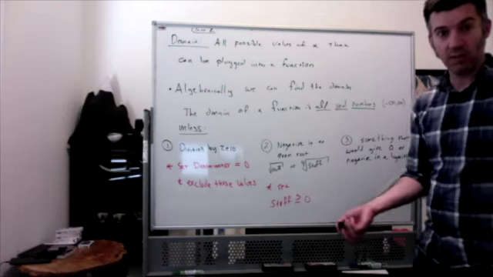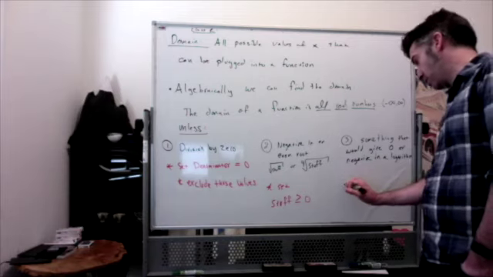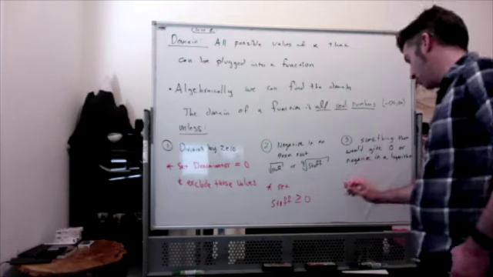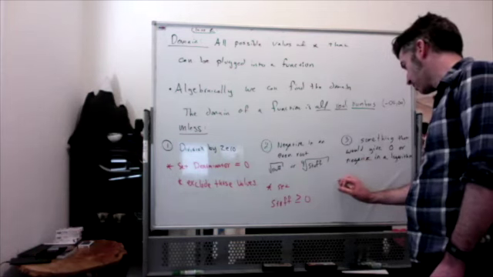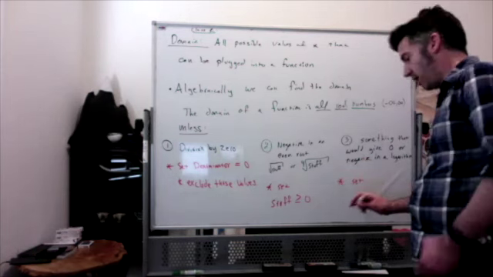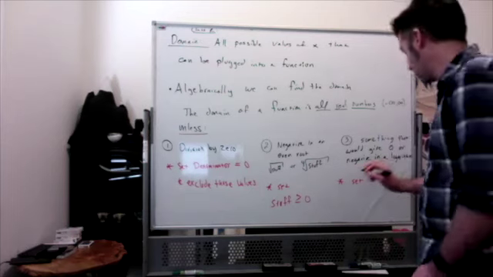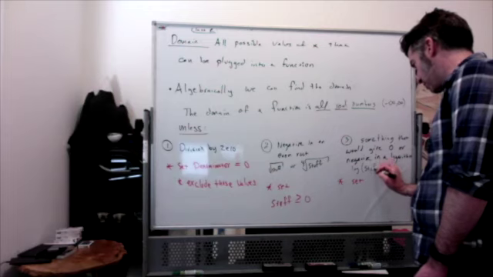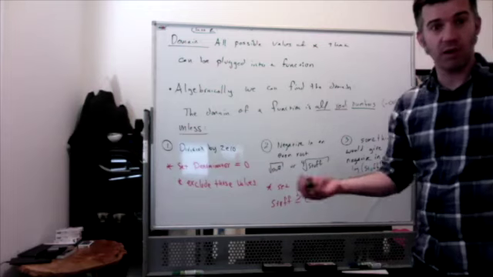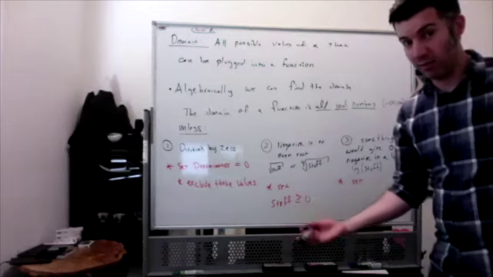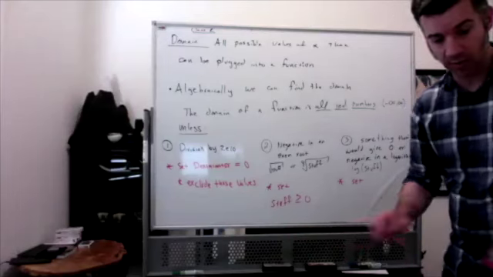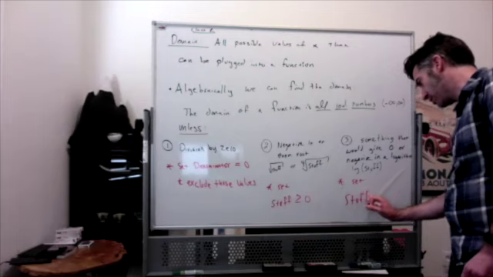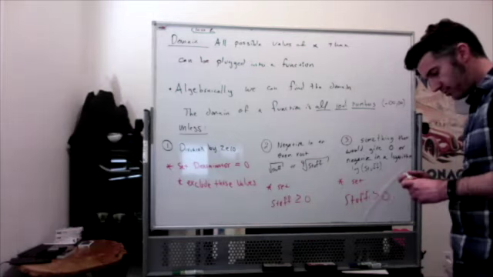You should definitely look at them if you want to. If you had the log of some stuff, log base 10, log base 2, natural log, it doesn't matter what the base is, as long as it's allowed, we would be setting the stuff to be strictly greater than 0.